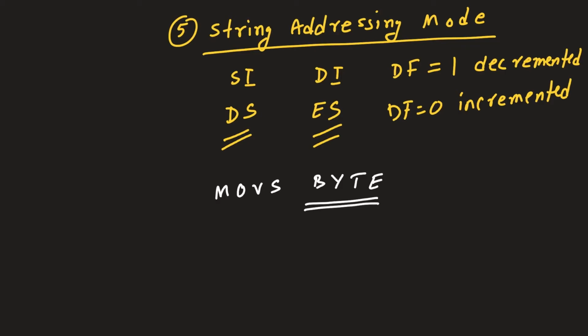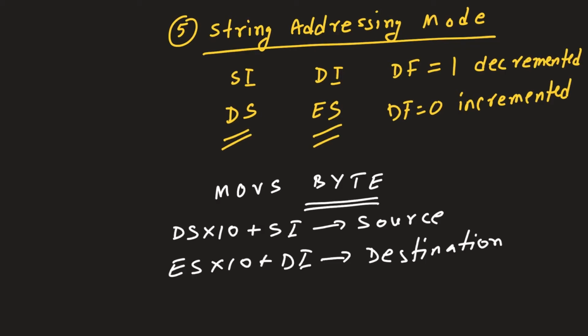So the effective addresses are calculated like this. Now the content of the source address will be moved to the destination address and depending upon the direction flag, the content of SI and DI will be either decremented or incremented.